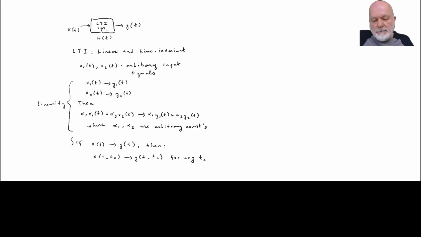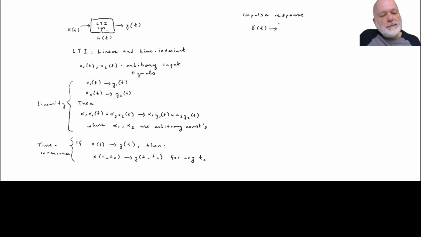So this is the definition of time invariance. And remember the definition of the impulse response as well. The impulse response of our LTI system is the output when the input is chosen as an impulse.